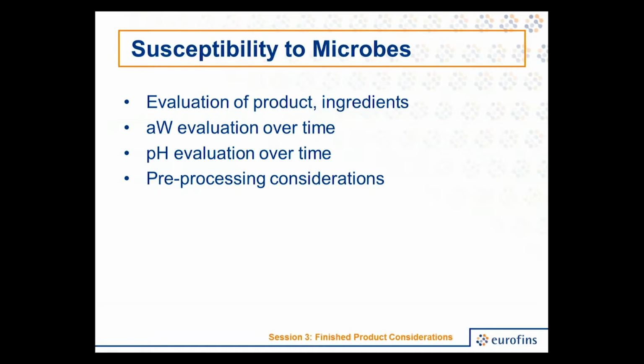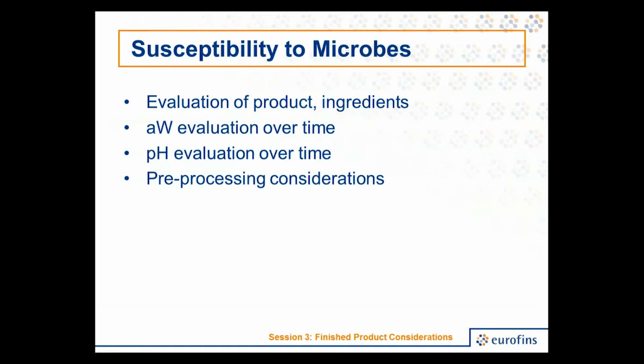Pre-processing considerations, as we keep coming back to this as well, your environmental monitoring practices within your manufacturing facility, are also great ways to hinder microbial growth within your final product. And we listed consideration of ingredients as well.